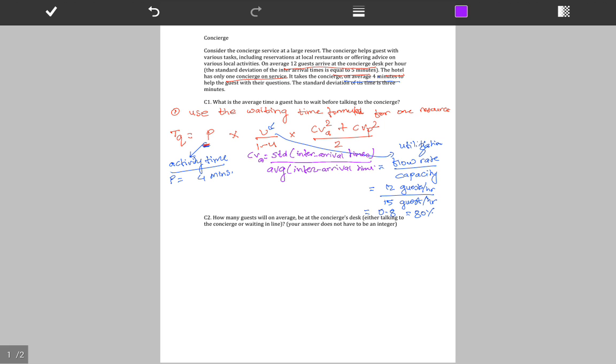What is the standard deviation of the inter-arrival time? That's given to us. The standard deviation of the inter-arrival times is 5 minutes.